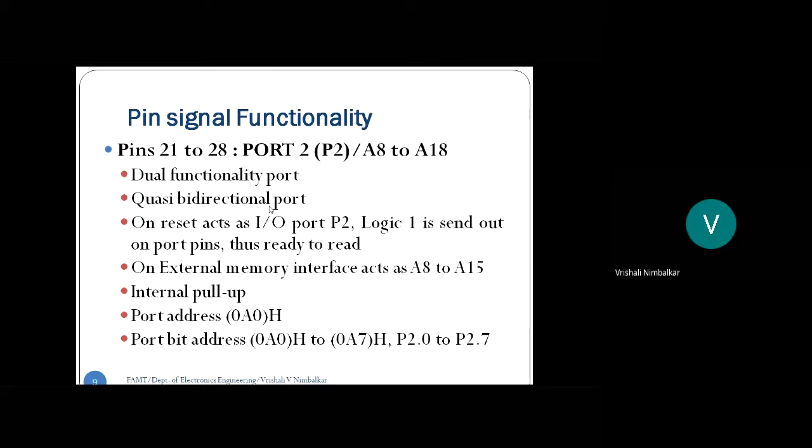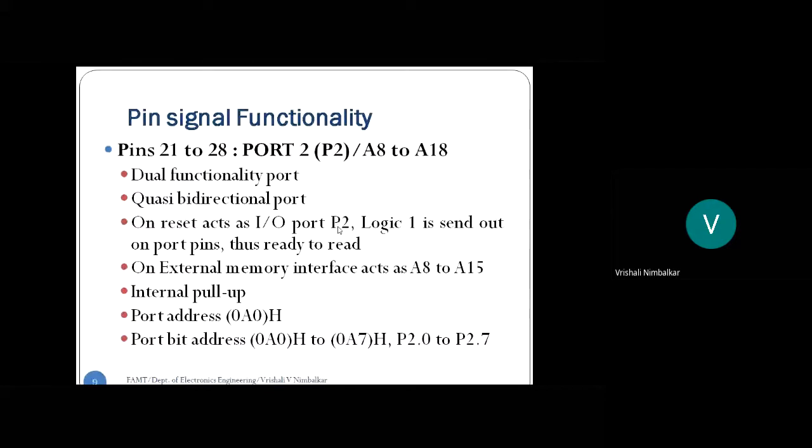Quasi-bidirectional means either it will act as output, or you have to initialize it so that it will start behaving as input. And when it acts as an address line, it is unidirectional, meaning it behaves as an output. So partially bidirectional, at a time either as input or as output. So quasi-bidirectional. Right? On reset, it acts as an IO port P2.